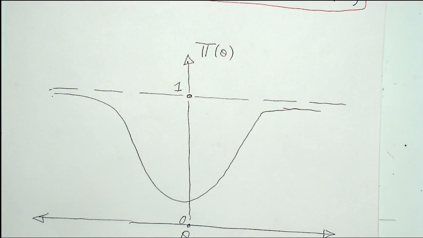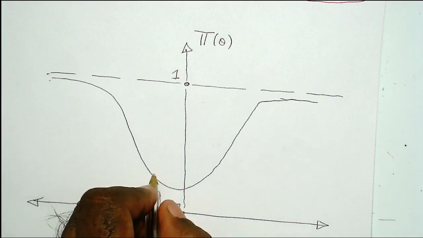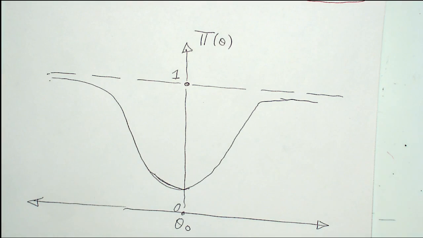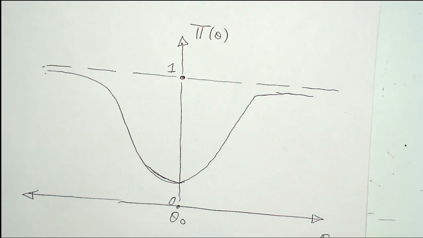Typically, I must use the word typically, if you plot pi of theta versus theta, it will look something like this. Yeah? It will look like a bathtub shape, right? With a minimum occurring around over here. Now, can you guys see why it should look like this? Let me explain why.